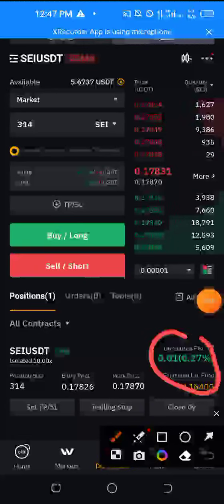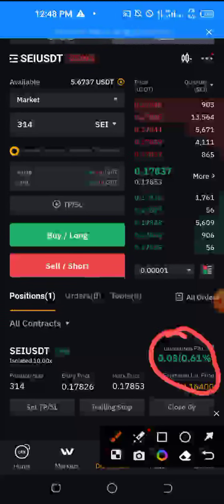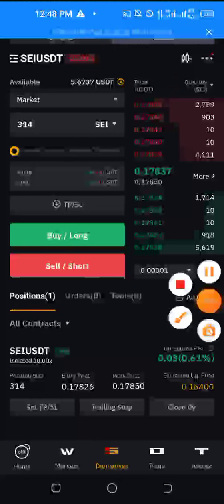So it's still going up and down. See, I want it to come up a little, then I close it, I enter again, pick a little, close it, enter again, pick a little, close it. So you keep doing this.